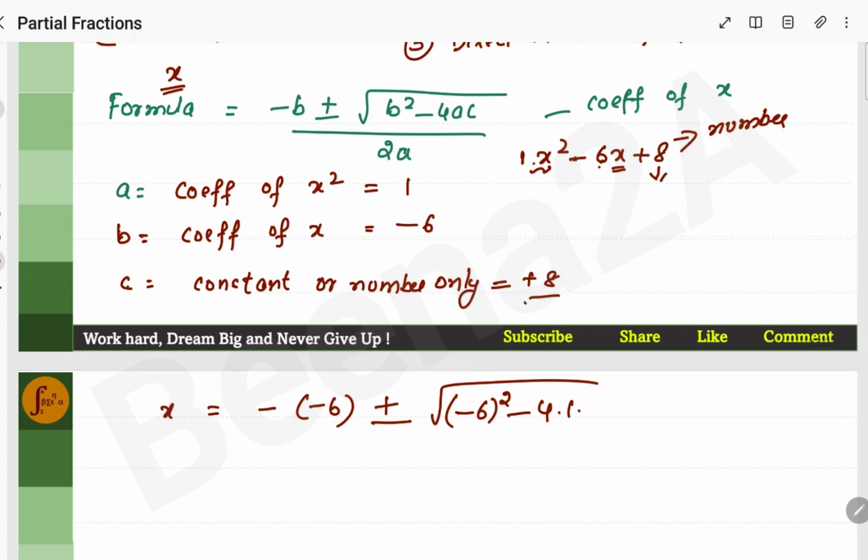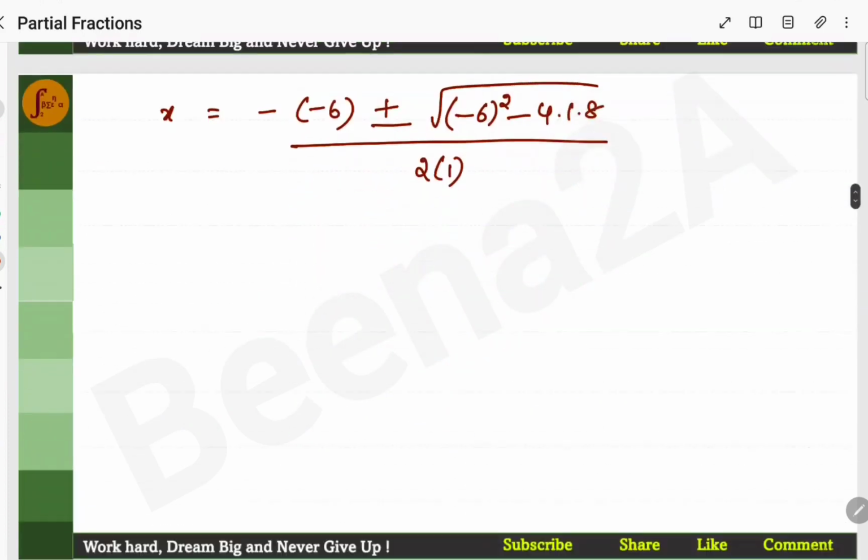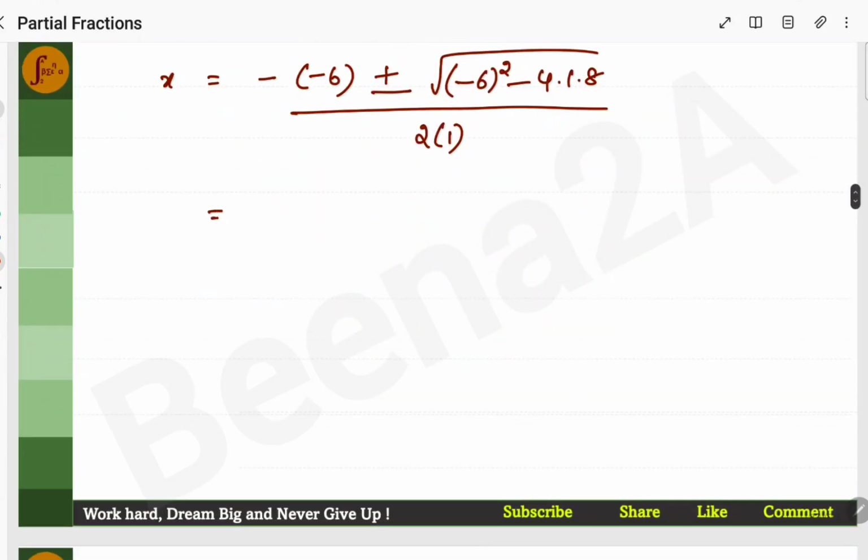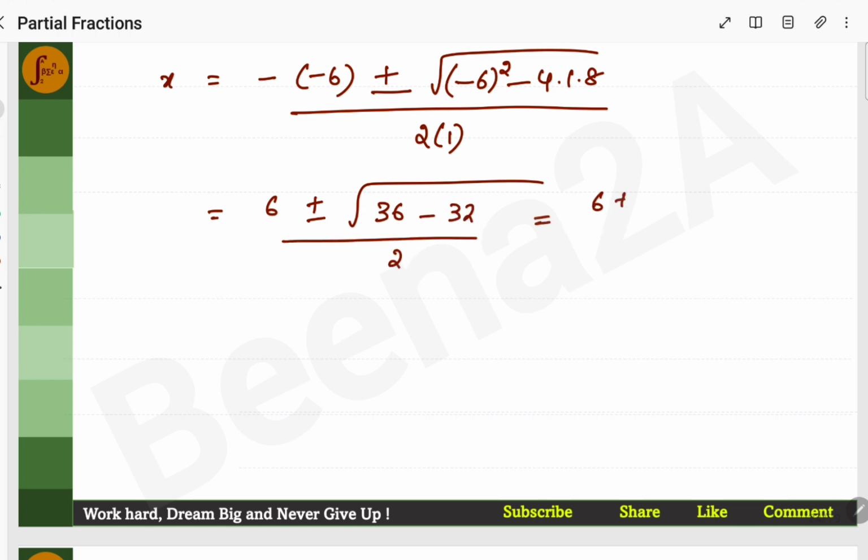What is c? 8. Divide by 2a. 2 into a. A is 1. Now, we'll simplify this. So, minus into minus is plus. So, 6 plus or minus 6 square is 36 minus 32 by 2. Now, this will be 6 plus or minus 36 minus 32 is 4 by 2.